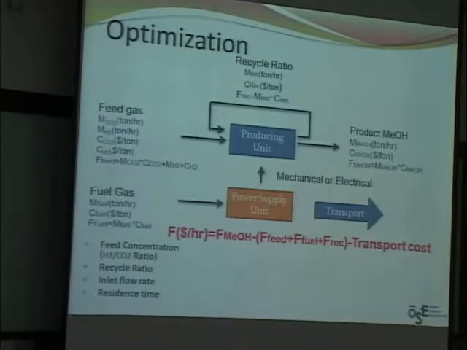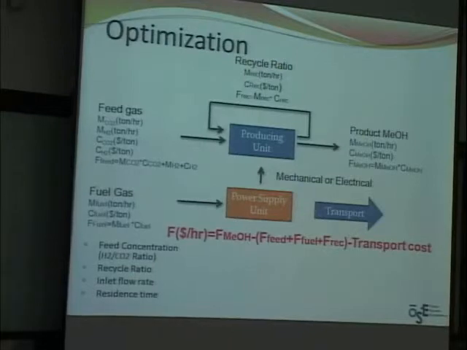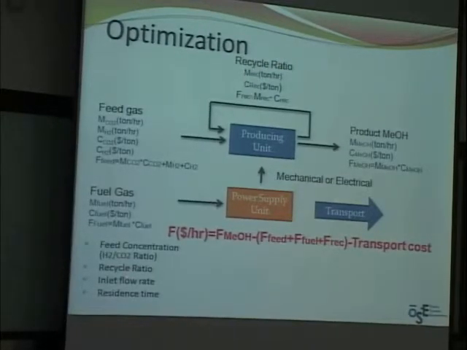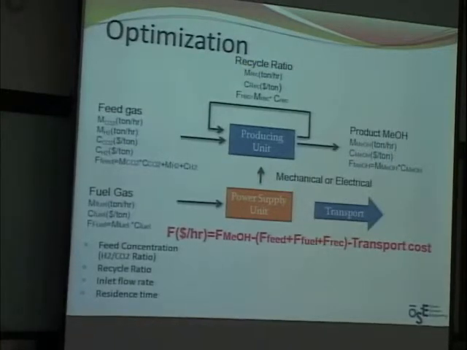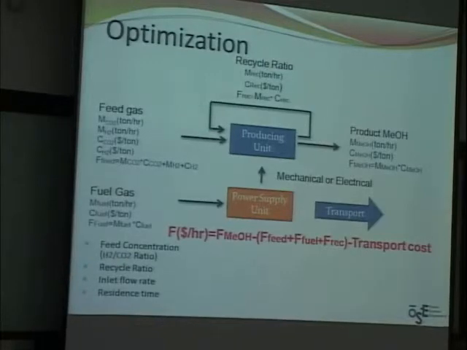As you know, this process, the feed gas is the hydrogen and the carbon dioxide. Therefore, this feed concentration ratio can impact the conversion factor. And another is the recycle ratio. The recycle ratio means it is impossible to get 100% conversion from the feed gas.